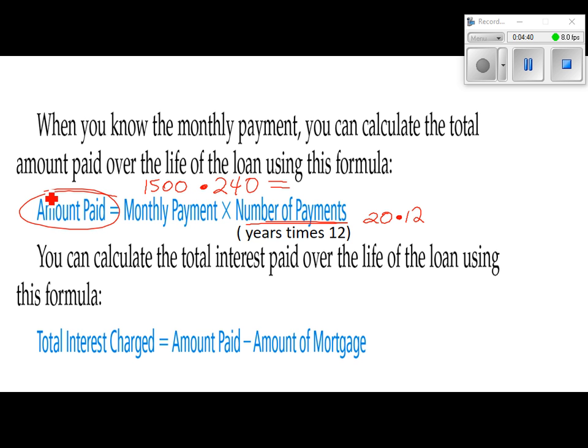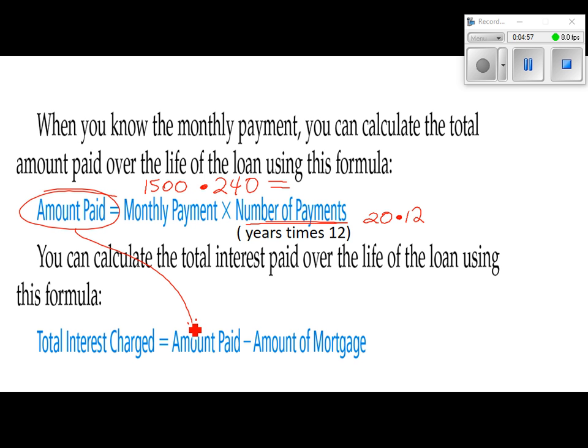Once you have that, you take that amount paid, and there's a few of these problems on there. They're not really all that difficult. They seem a little hard. You take that amount paid, and you subtract off the amount of your mortgage.